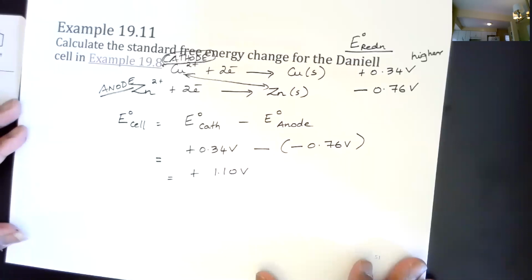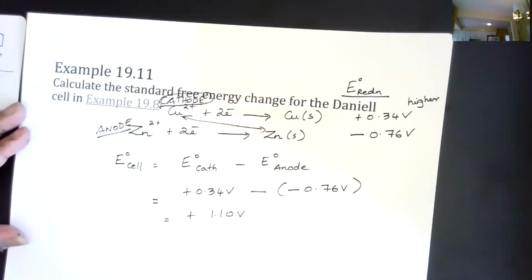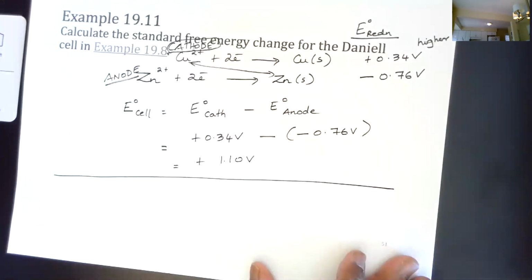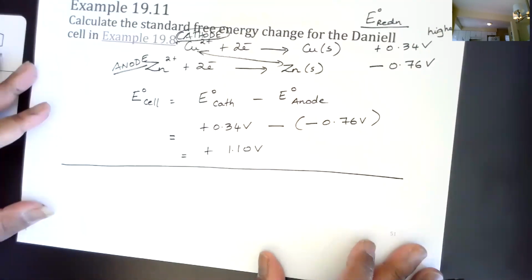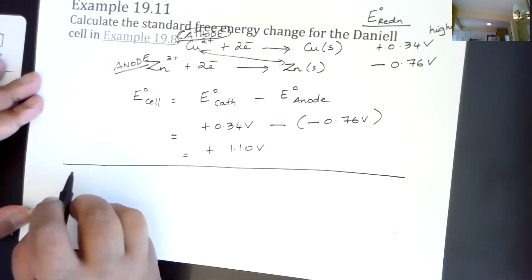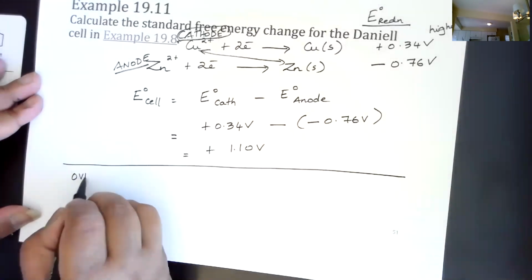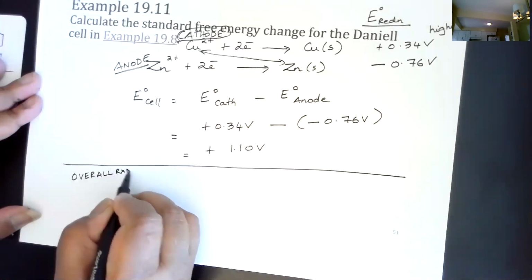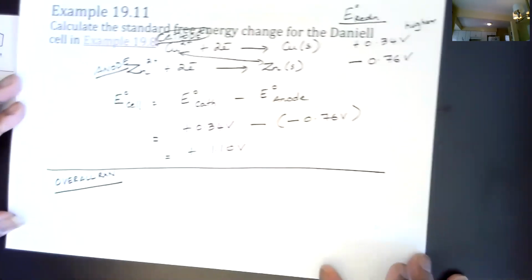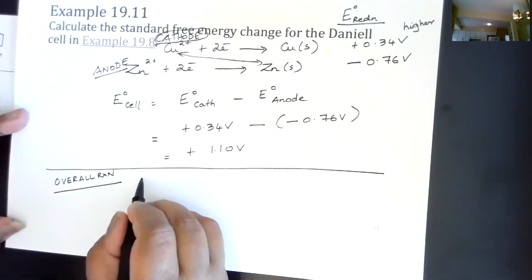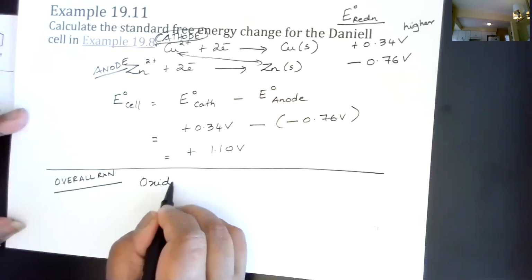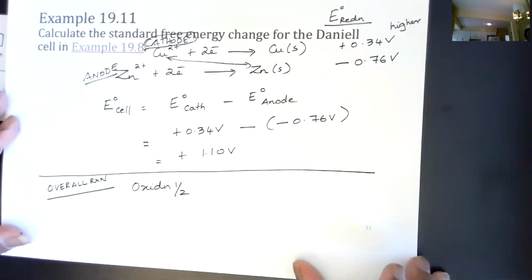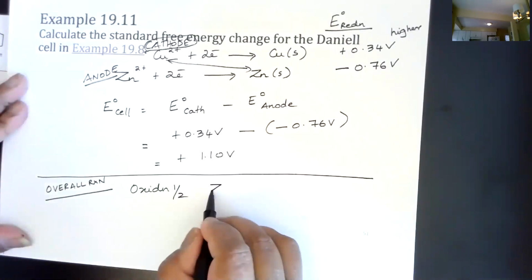Now, to write the overall reaction. Oxidation half. Okay, oxidation half happens at the anode.